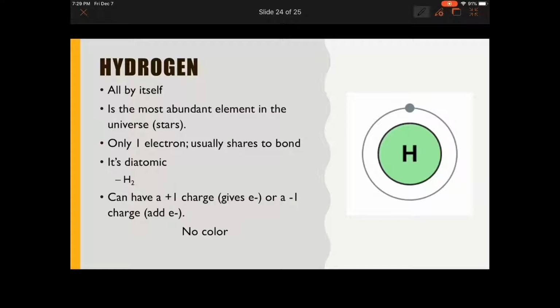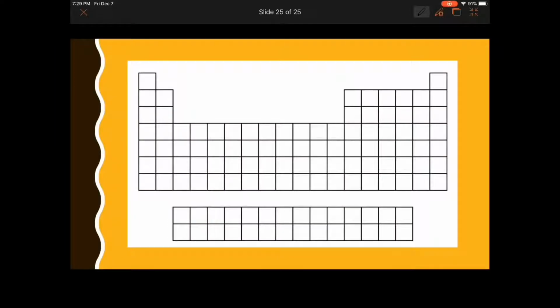It is one of those diatomic that we included in the 7, and it can have a +1 charge. It can either give an electron or it can have a -1 charge. It can take in an electron as well. We are not going to color this on the periodic table. You are just going to leave it with the box around it, and that's it.